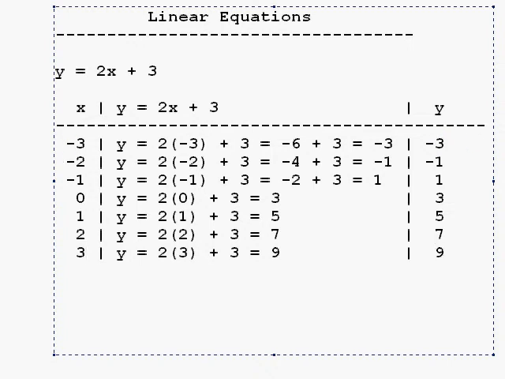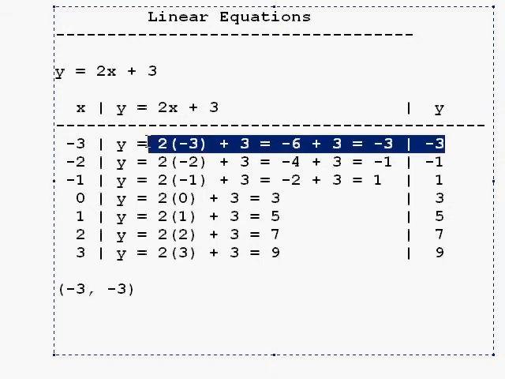Now, we looked at our graph earlier and the coordinate systems, and remember that our individual points are of the form x and y. This is where those x's and y's come from. If we make a list of these pairs, our first is -3, -3. Our x is -3, our y is -3.